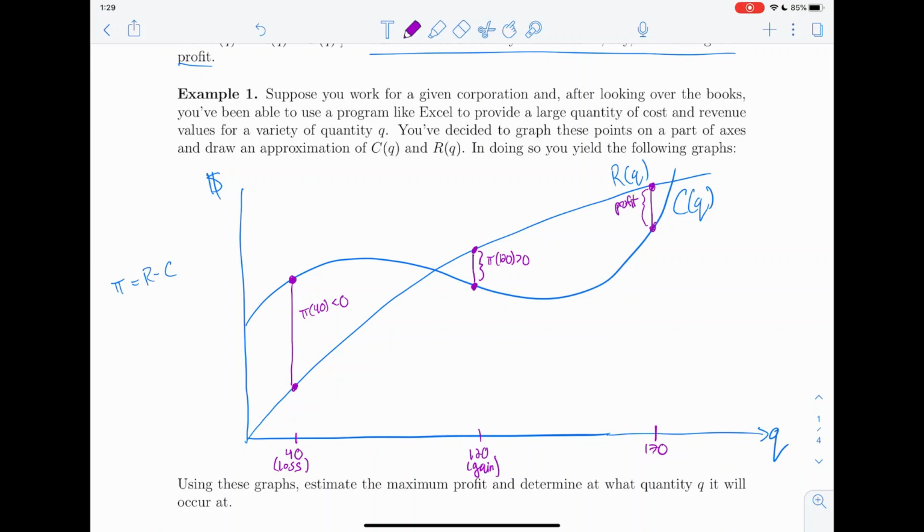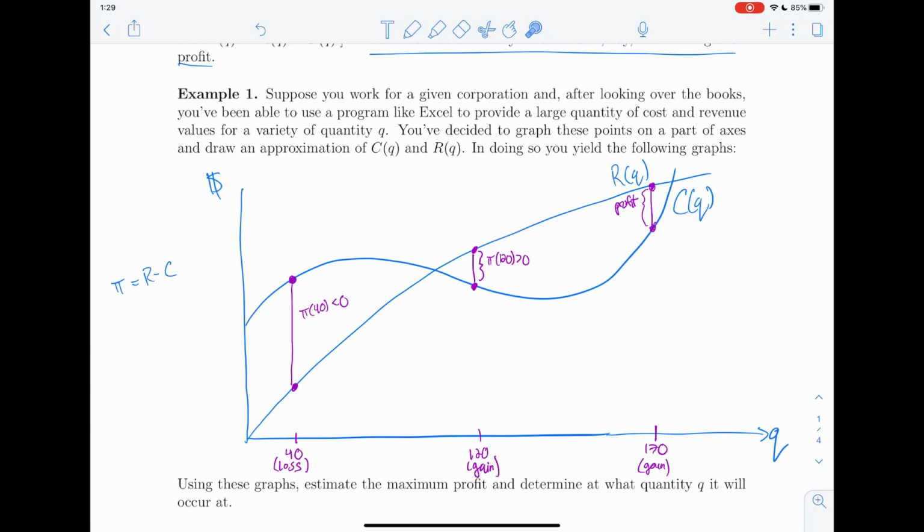So this is a profit, and this is a profit. So what we want to know is, where is the largest profit? Well, the profit that this company actually makes is the length of these purple lines. So this purple line is a little bit shorter than this purple line. So therefore, apparently, this company is gaining more money at 170 than they would be making at 120 units.